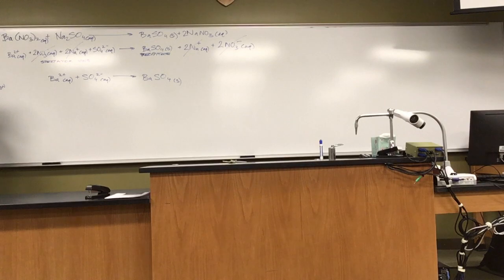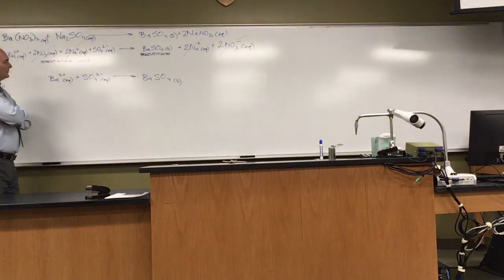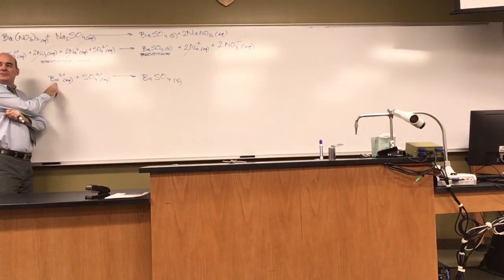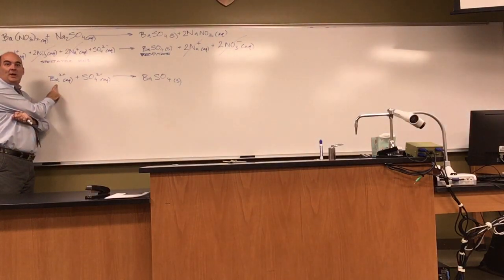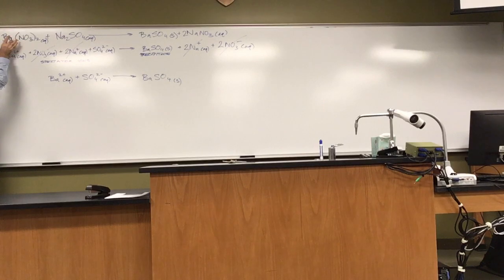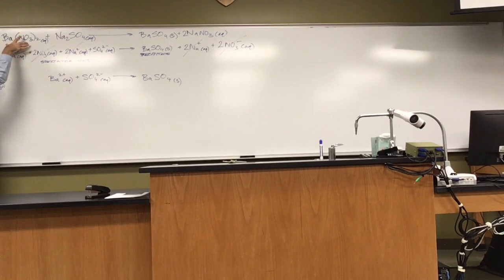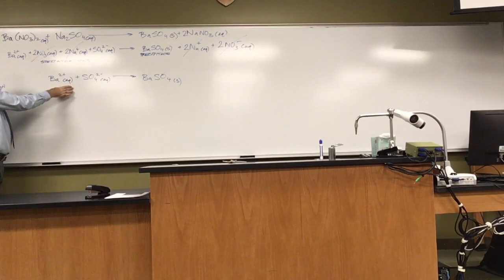Okay, so if I started to put numbers to this now, and I said, oh, I have this many grams of barium nitrate in this many milliliters of solution, all I'm really interested in deep down is this. How many ions of barium do I have? So the moles of barium, because there's one barium in barium nitrate, if I have a mole of barium nitrate, it means I have a mole of barium ions.